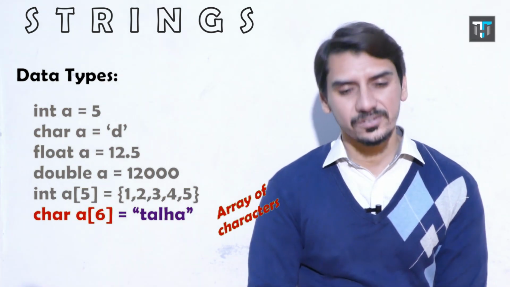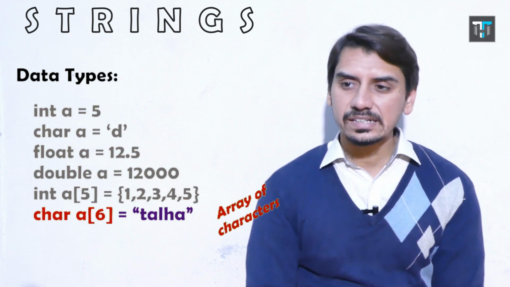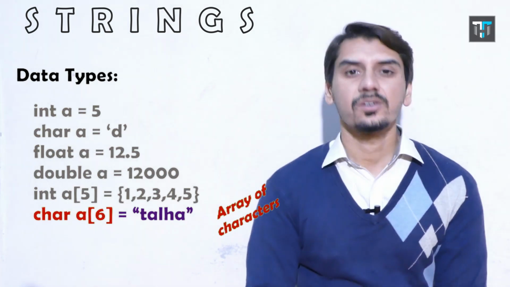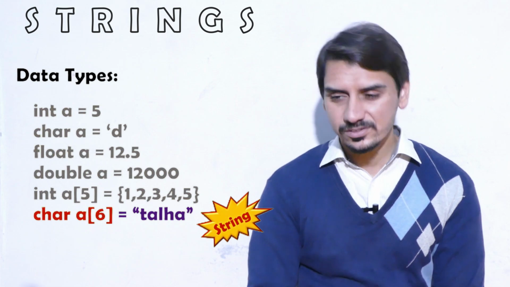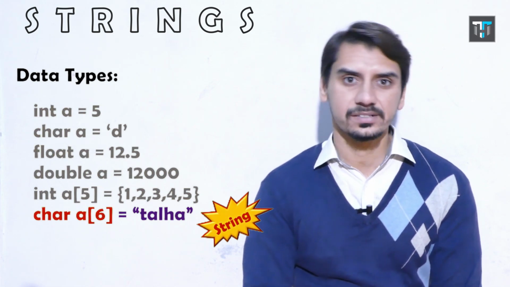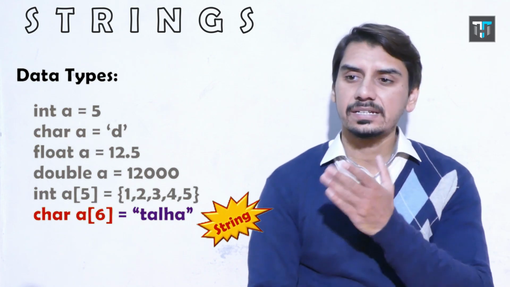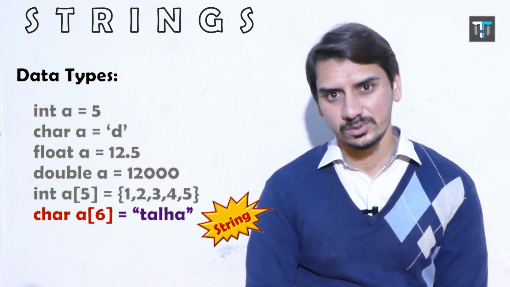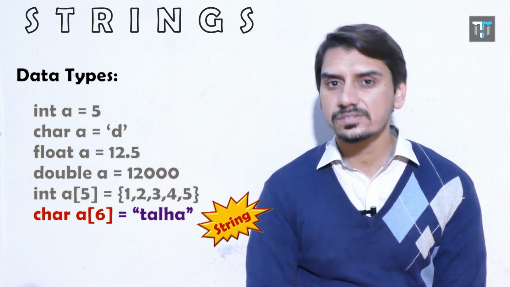If we are talking about this array of characters, that means we are talking about strings. So actually this is the string T, A, L, H, A, the combination of characters, or we can also say that this is an array of characters. The combination of characters is called a string.